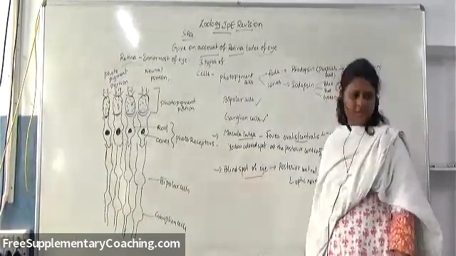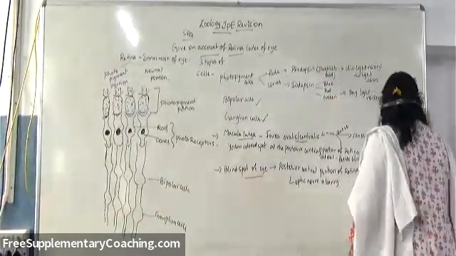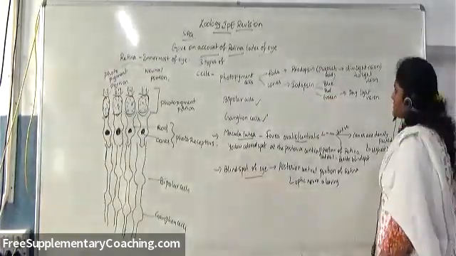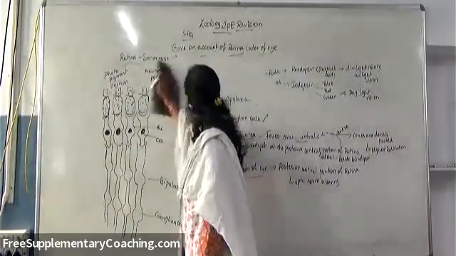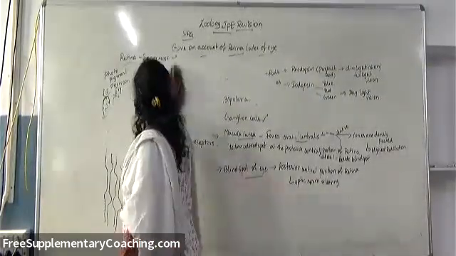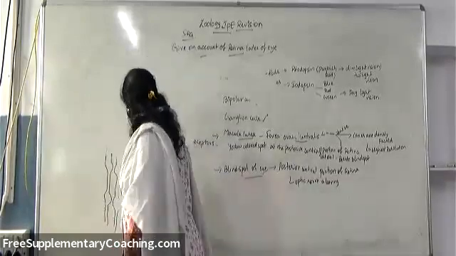So next, coming to the Cori cycle in the musculoskeletal system. Let us see the important SAQ in the musculoskeletal system, which is the Cori cycle.